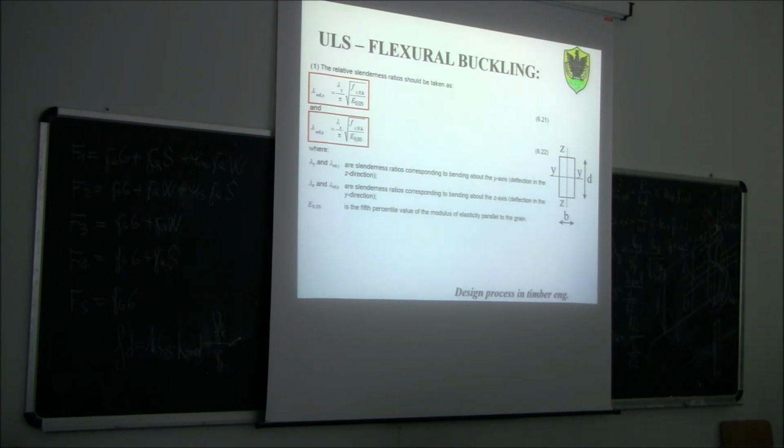So let's say that in this case, we call this one Z and this one Y. Where would you expect here to have a proper buckling first? Around Z or along Z?